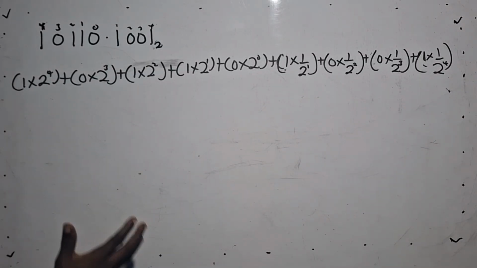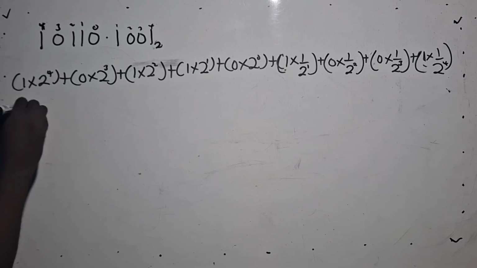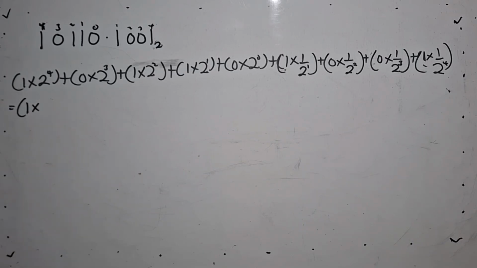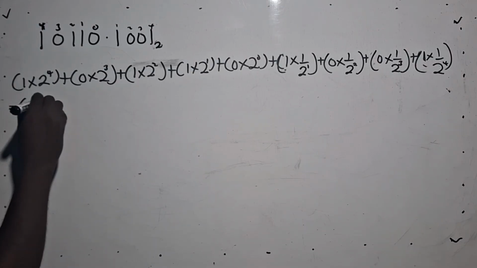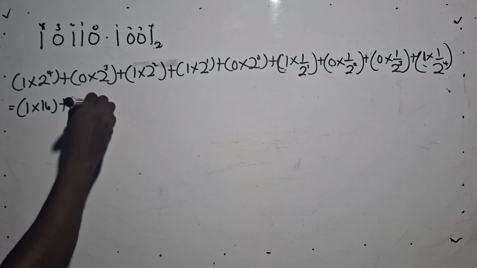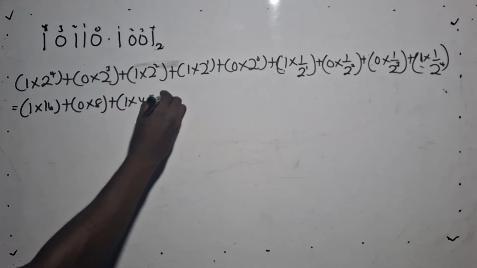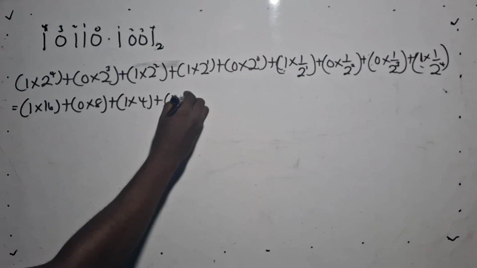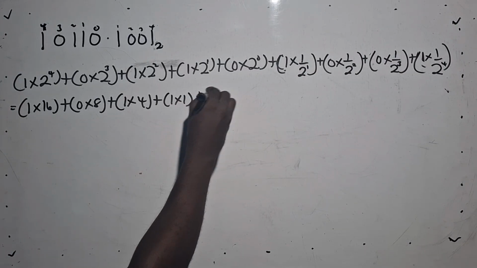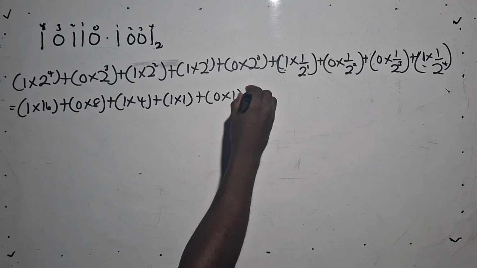So we are going to make them simple here. 1 times 2 raised to the power 4: 2 to 4, 4 to 8, 8 to 16. Plus 0 times 2 raised to the power 3, which is 8, plus 1 times 4, plus 1 times 1, plus 0 times 1. Any number raised to the power 0 is 1.